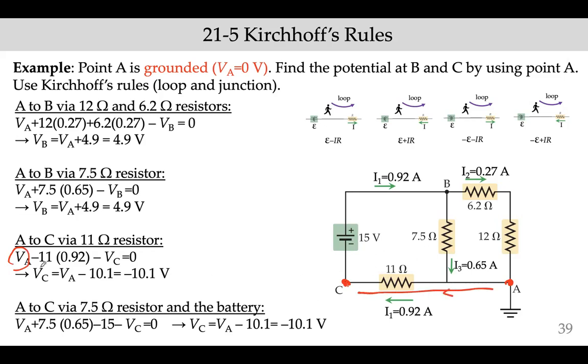There's actually just one circuit element, which is here, and the final point is C, which you write with a negative sign because it's the final point. Now solve for VC: it will be VA minus 10.1. Because VA is 0, it turns out that VC is negative 10.1.